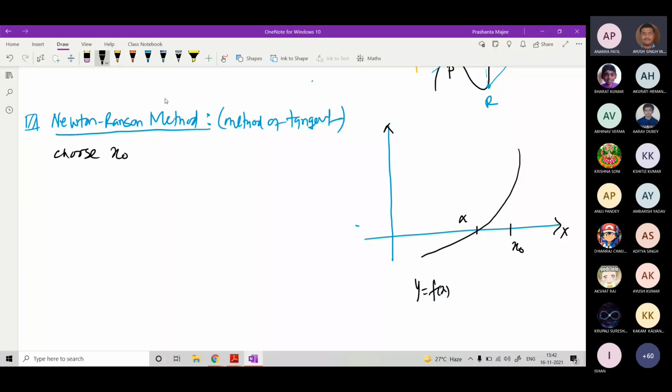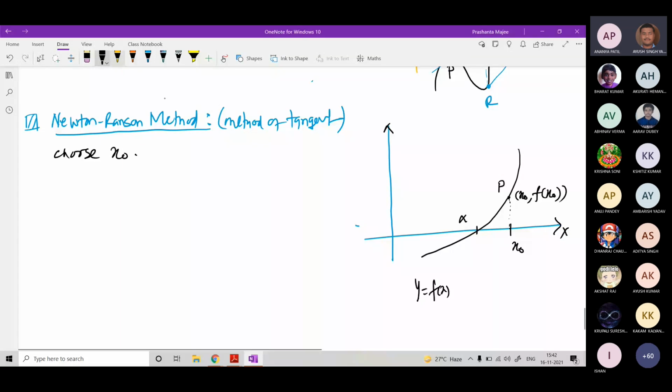In this method, what shall we do? We'll draw a tangent at x0 comma f of x0. So where is x0 comma f of x0? This particular point. Suppose it is P. Coordinate is x0 comma f of x0. In this Newton-Raphson method, we will draw a tangent through this point.